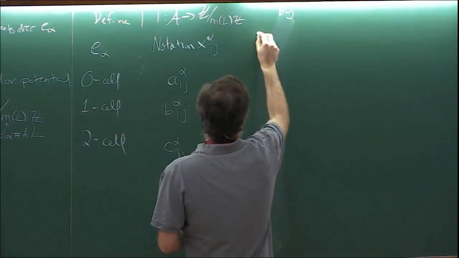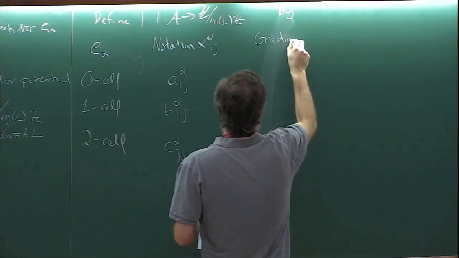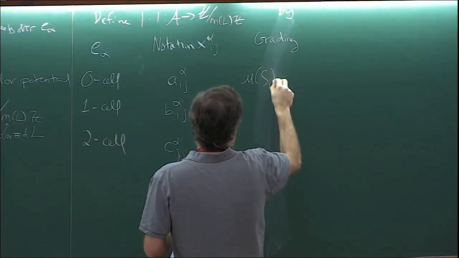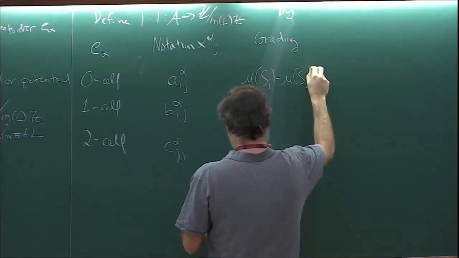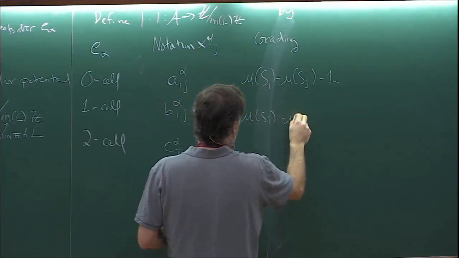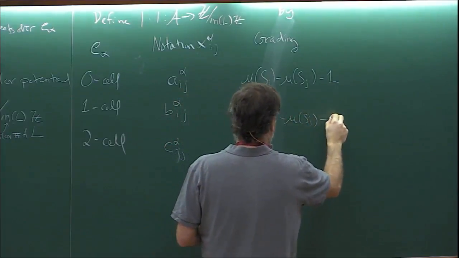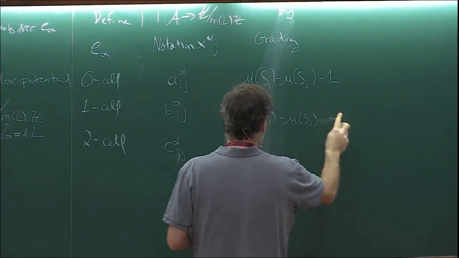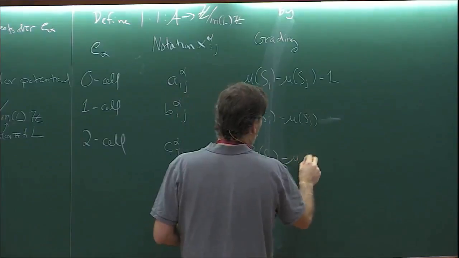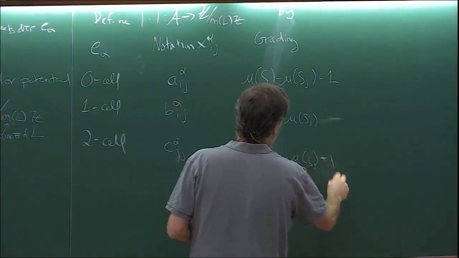And the grading we're going to give to each of these generators is mu of the upper sheet minus mu of the lower sheet minus 1, mu of the upper sheet minus mu of the lower sheet, and mu of the upper sheet minus mu of the lower sheet plus 1.